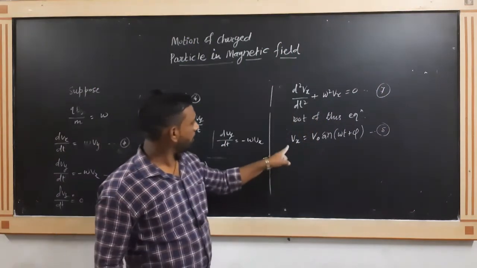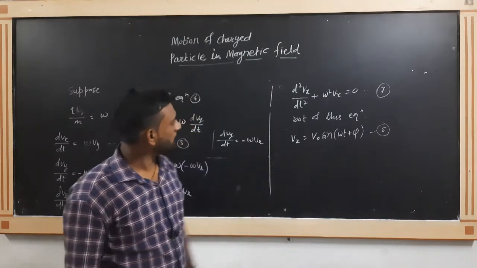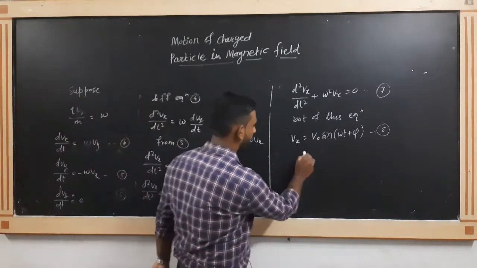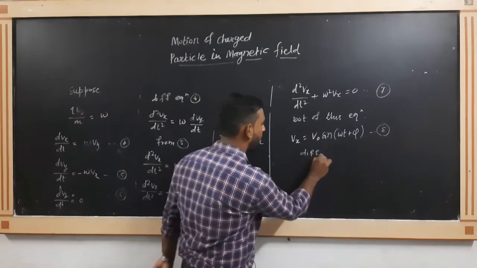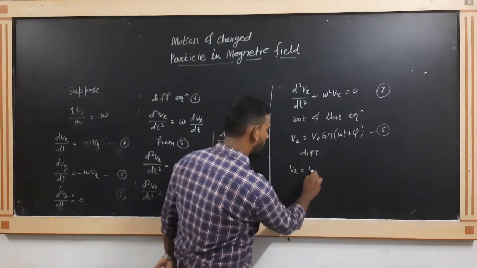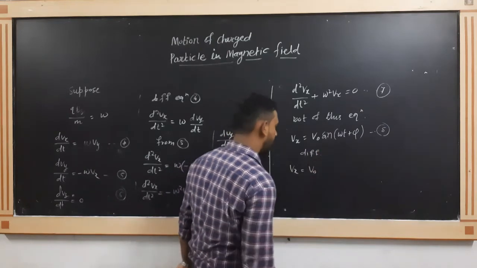So we got the velocity along the x-axis. Now differentiate again. dvx by dt is equal to v0, a constant, and what is the derivative of sine?